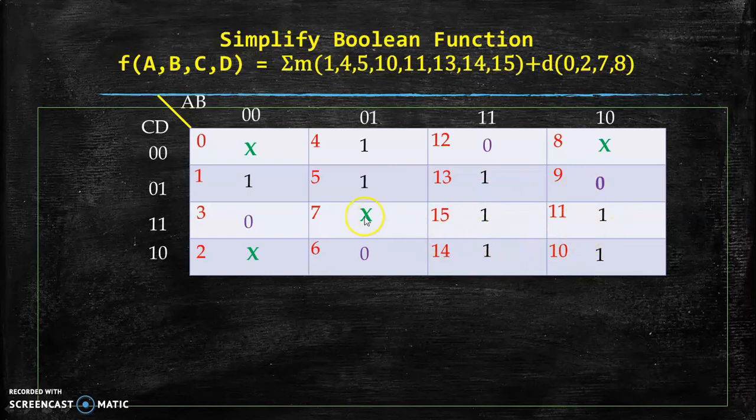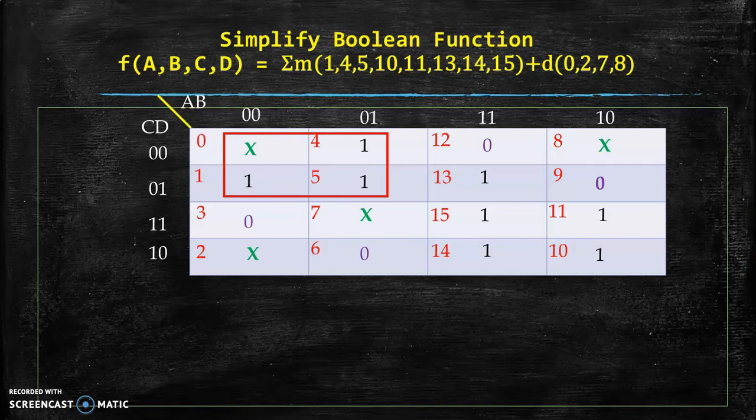For the remaining ones, only pairs might be possible. But now if we use the don't care condition as per our convenience, either as a 1 or 0, some of the don't care conditions we will use as a 1 to make our groups. Now let us see how we are preparing the groups.